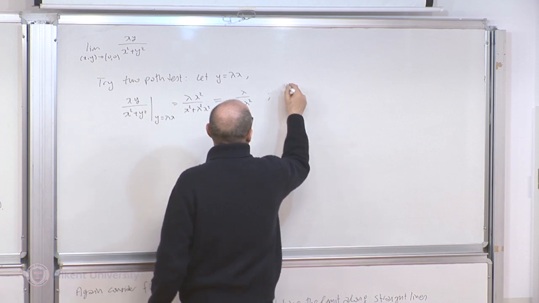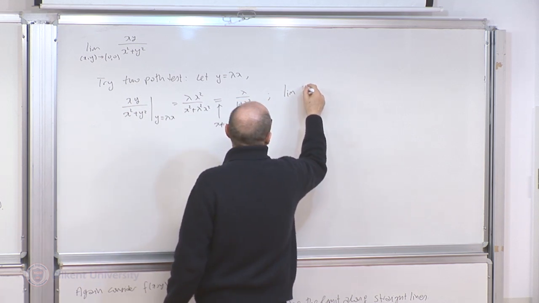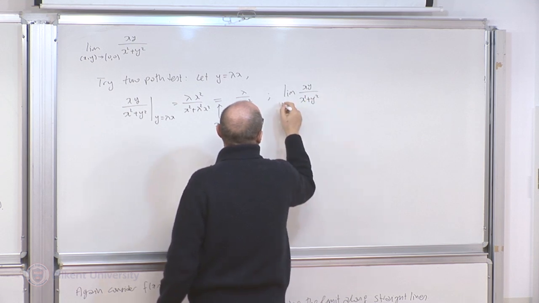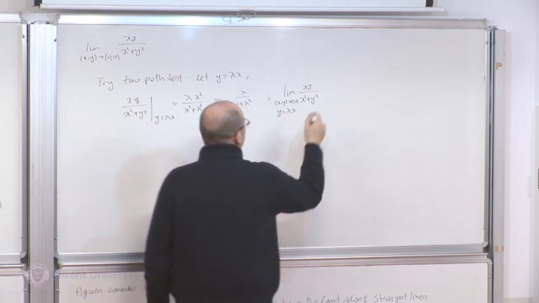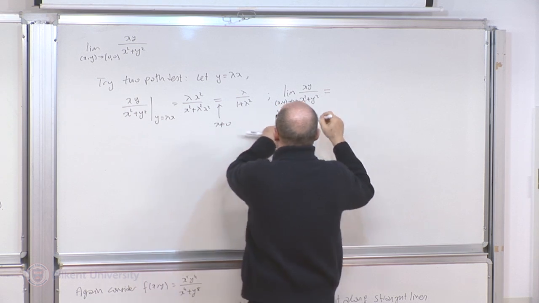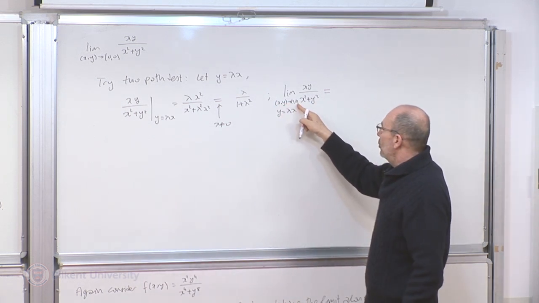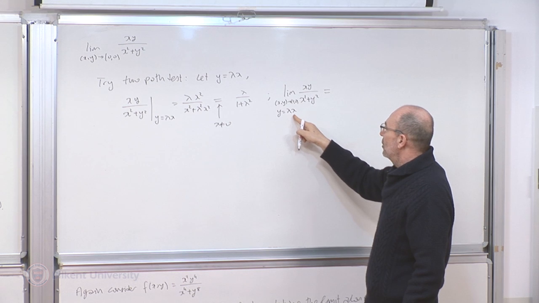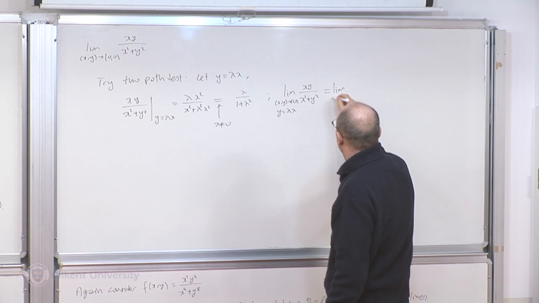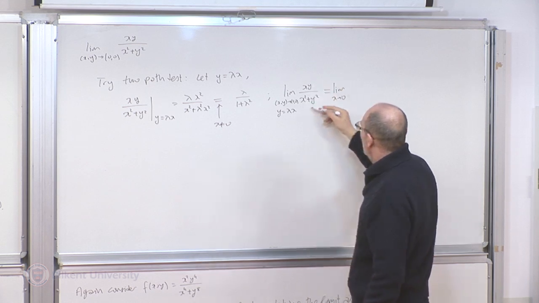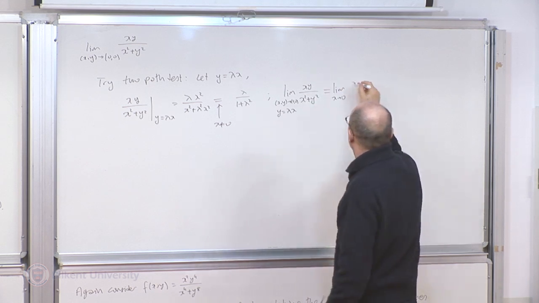So the limit of xy over x squared plus y squared as (x,y) goes to (0,0), but y is restricted to lambda x, is the same thing as x going to 0. So this is now the limit as x goes to 0. We simplify this part. We have lambda over 1 plus lambda squared.